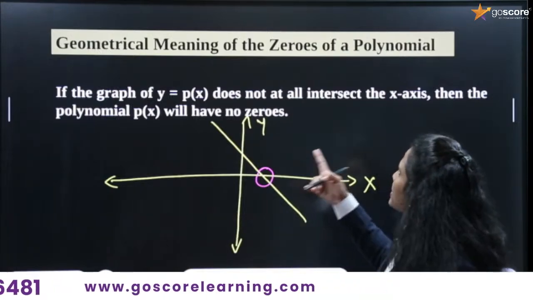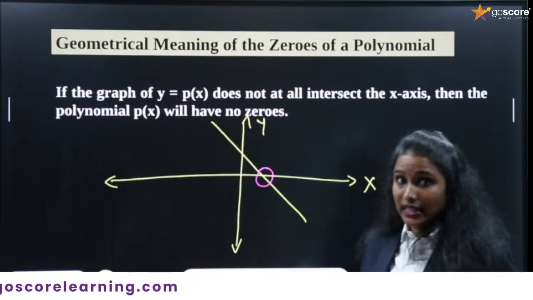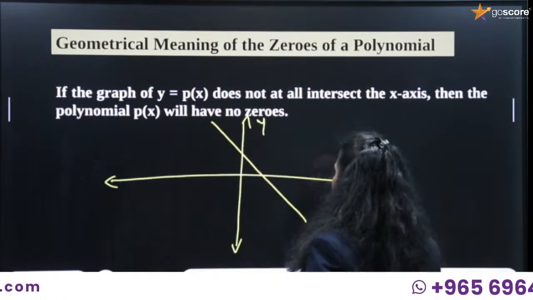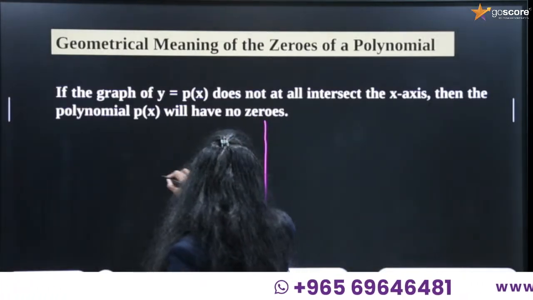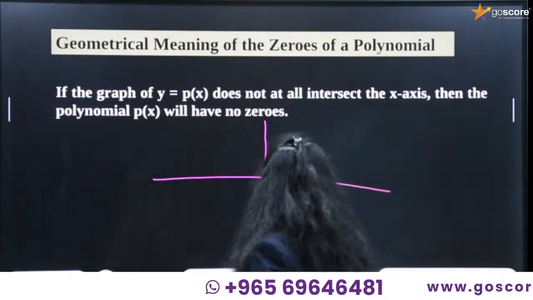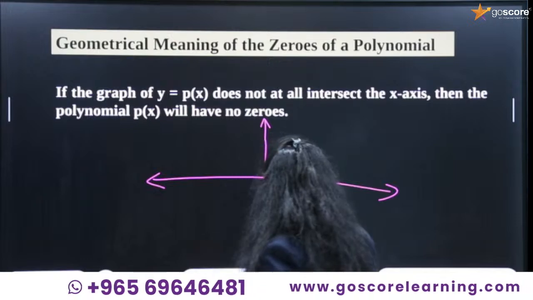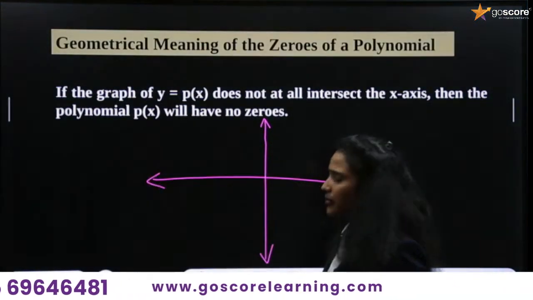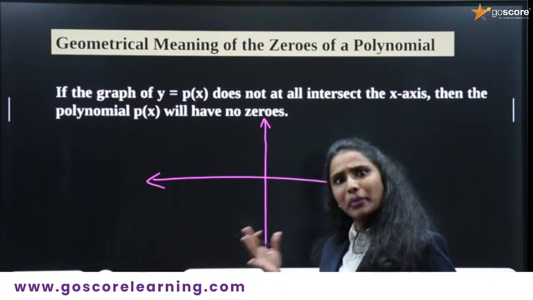Here it is. If it does not intersect our x-axis, I'll erase it. If the graph of this polynomial does not intersect the x-axis, it will be parallel to the x-axis.